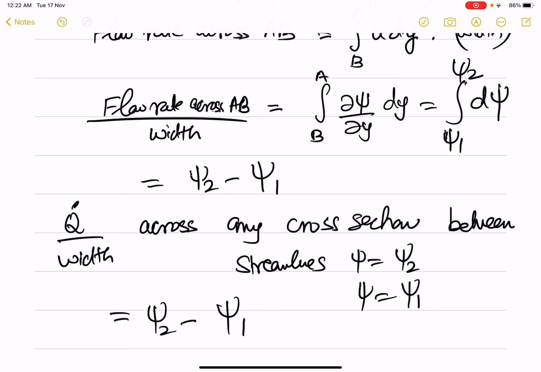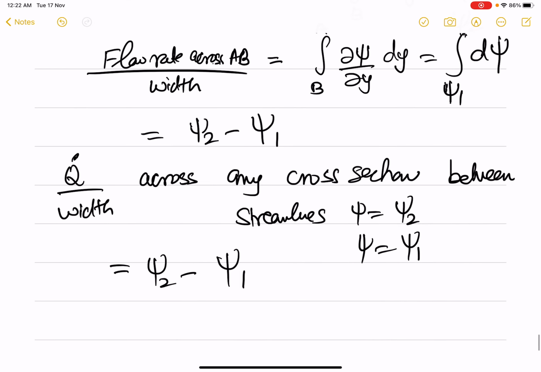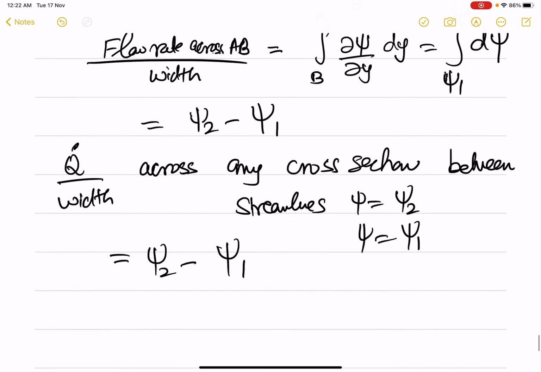So the flow rate per unit width between two streamlines is given by this value. So this is how one defines and one talks about these stream functions.